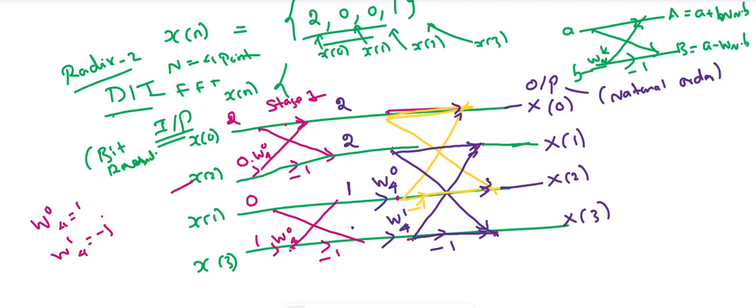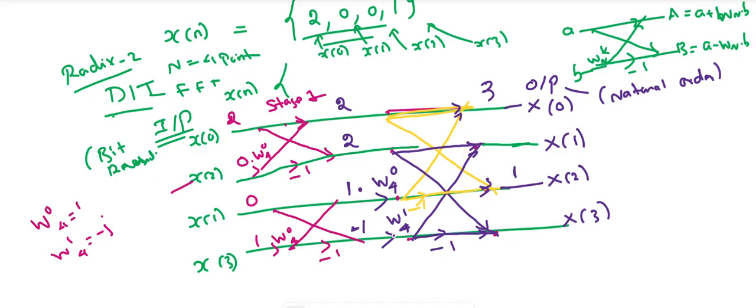Now the second stage computation: 2 plus 1 is 3, 2 minus 1 is 1.